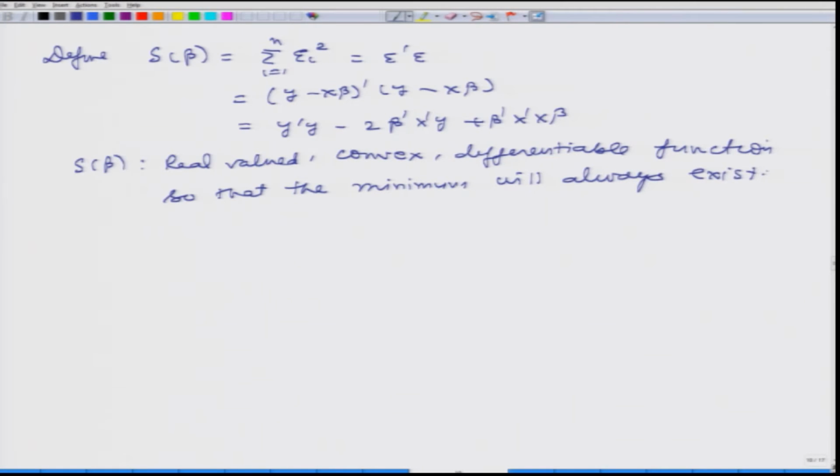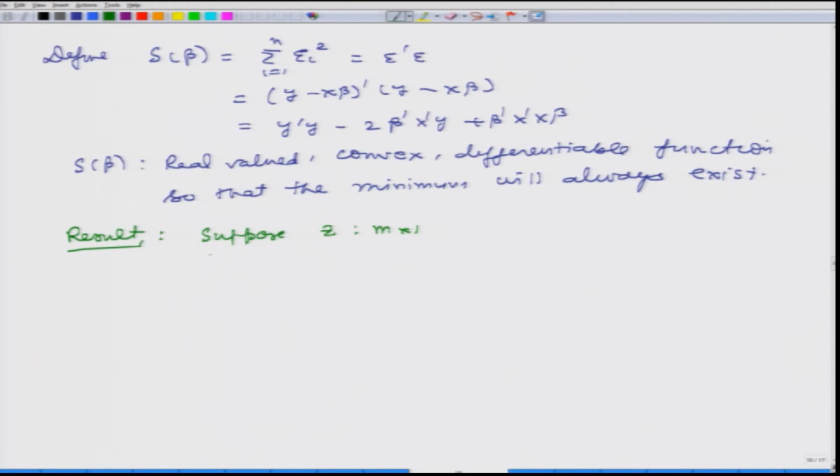right. In order to find the minima, we are going to use a simple result. So, before doing anything, let me state this result. Suppose z is a random variable of order m cross 1, so this is an m cross 1 vector.